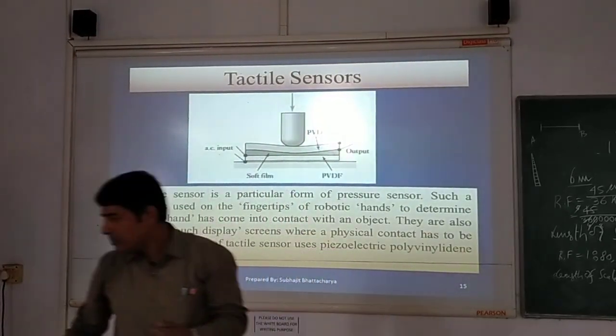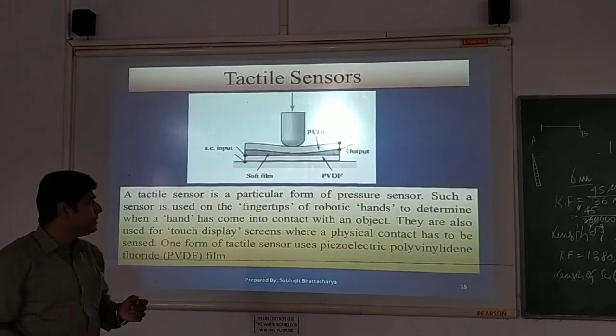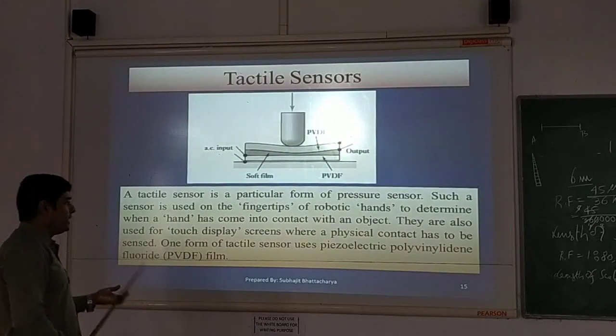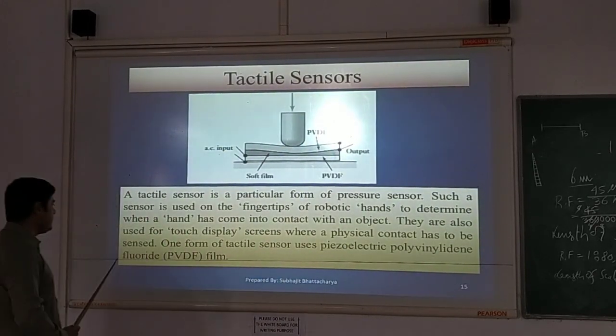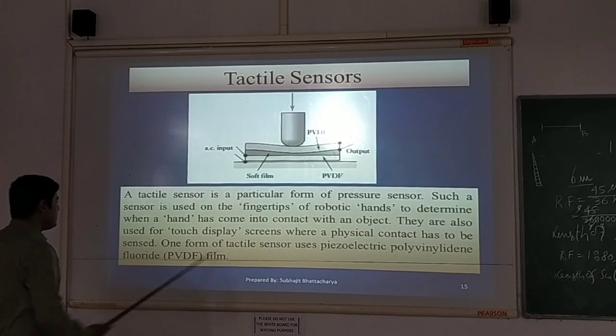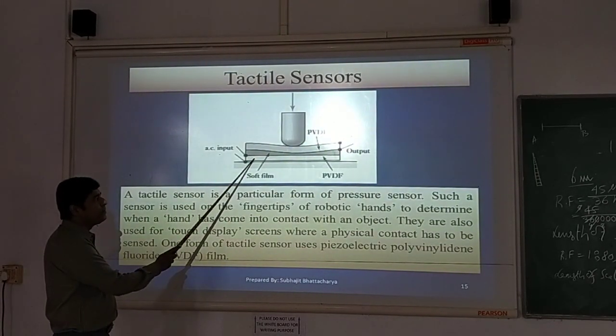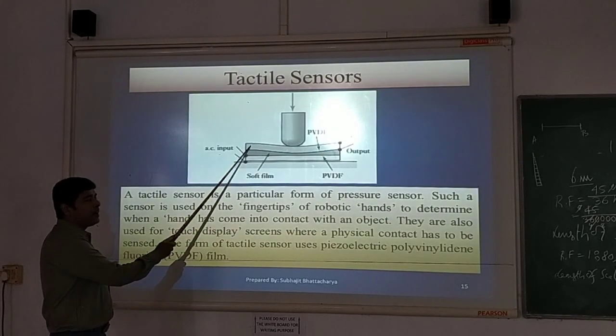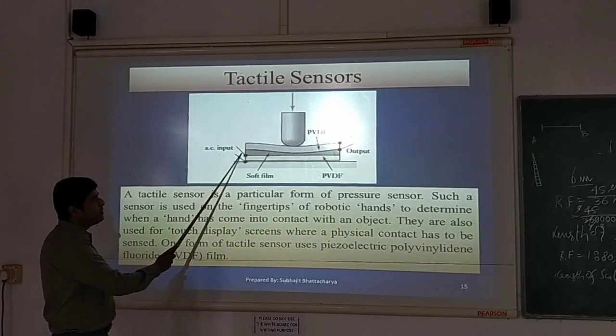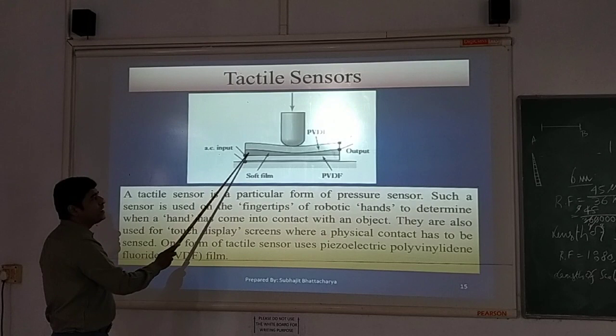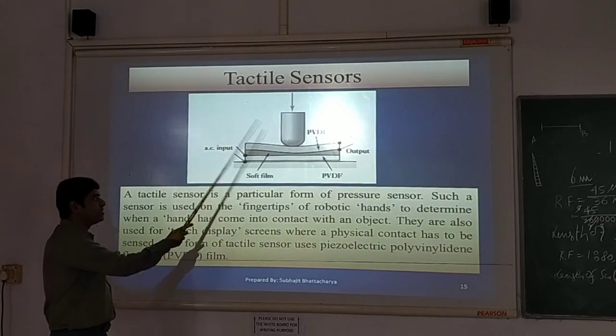Okay, so we use a piezoelectric film known as polyvinylidene chloride, PVDF. There is a lower PVDF film, an upper PVDF film, and in the middle there will be some soft material for transmission.